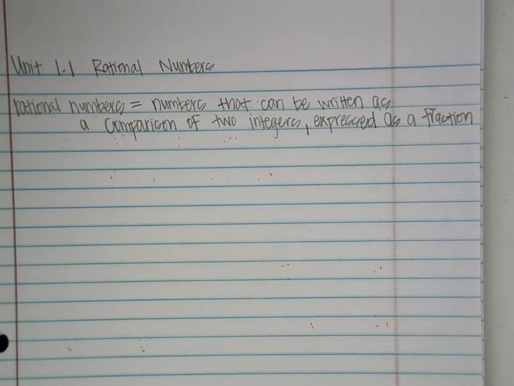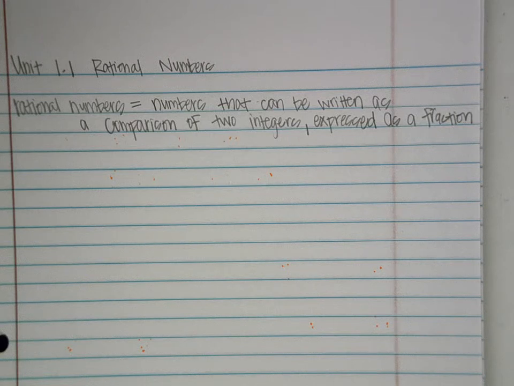Numbers that can be written as a comparison of two integers. Does anyone know what an integer is? In your group, try to come up with a group definition of what you think an integer is. I'm going to call on someone. Okay, raise your hand if you think you have a good definition. Delilah, what does your group think an integer is?